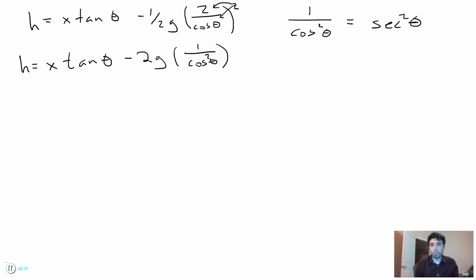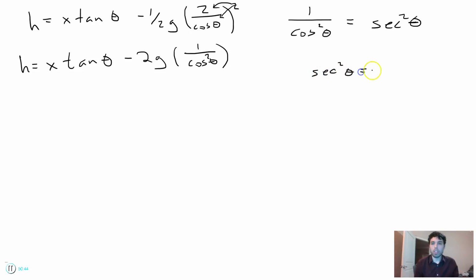If you haven't heard of secant before, it's another trig function. There are actually 6 of them: the ones you are familiar with, sine, cosine, tangent, and there's cosecant, secant, and cotangent.